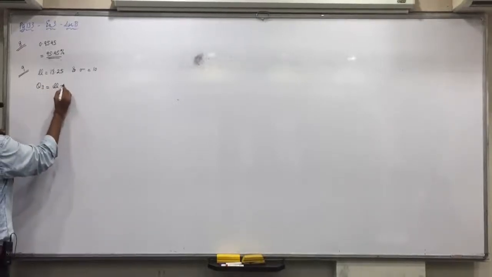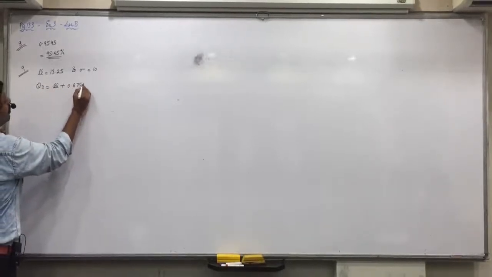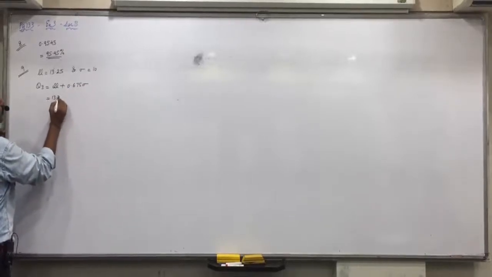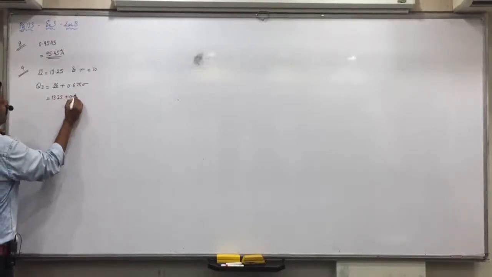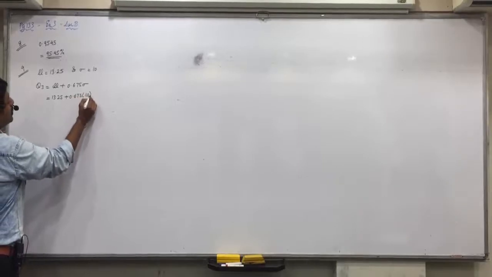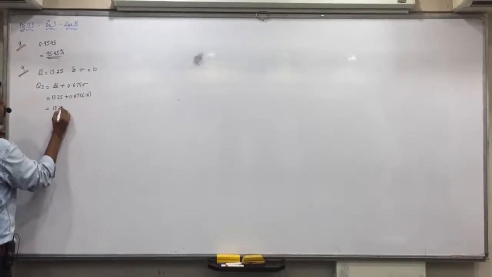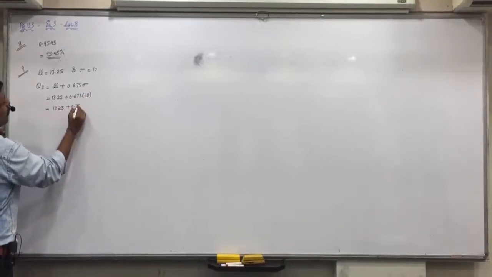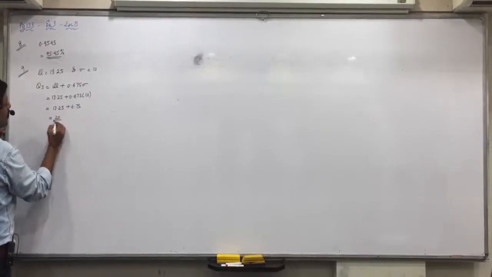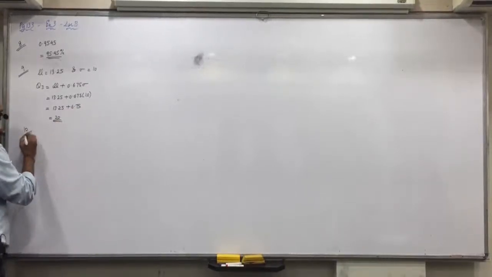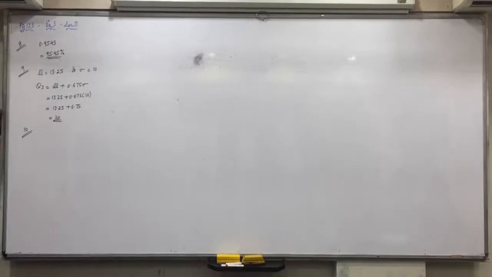Q3 equals mu plus 0.675 sigma, 13.25 plus 0.675 into 10, 13.25 plus 6.75, 20. Did you understand this, everyone? Who are writing it still?